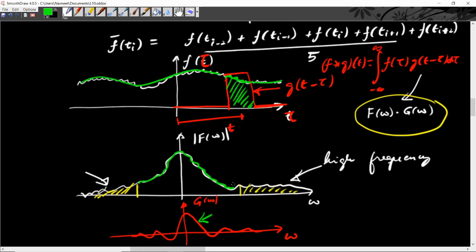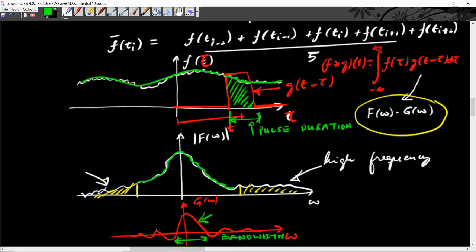Now recall that from the uncertainty principle, if the duration of the rectangular pulse is small, then the bandwidth will be higher.